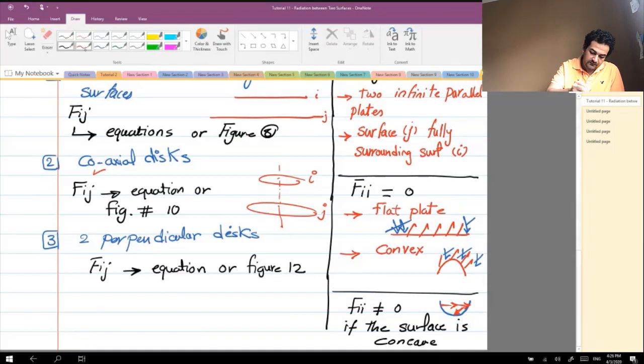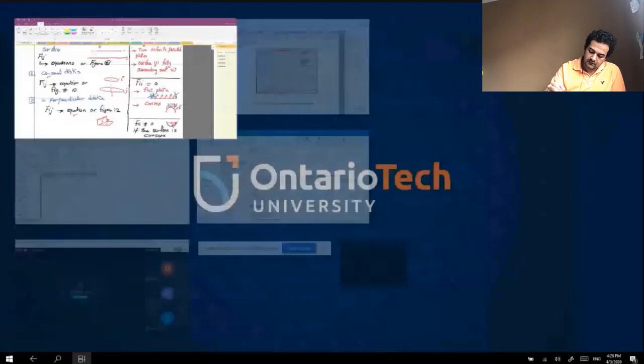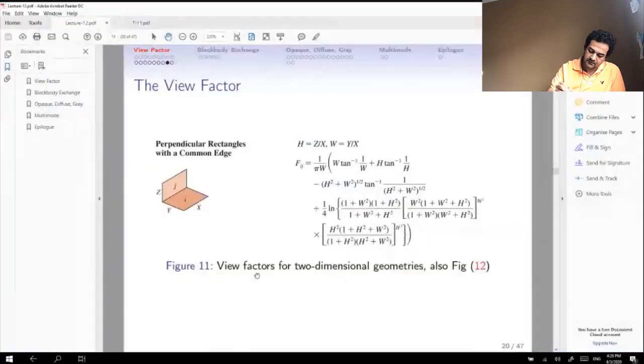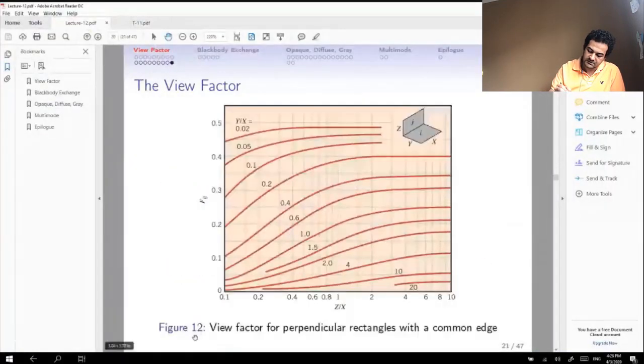So the perpendicular disks is something like that. And this is I and that's J, and there is radiation between them, so you can use these equations here. These equations from figure 11 or the equations from 12.